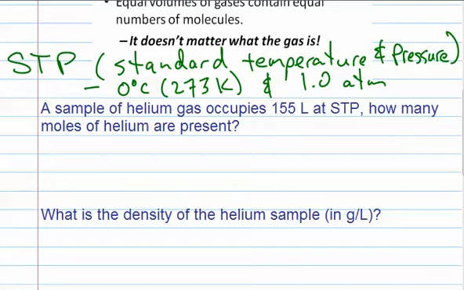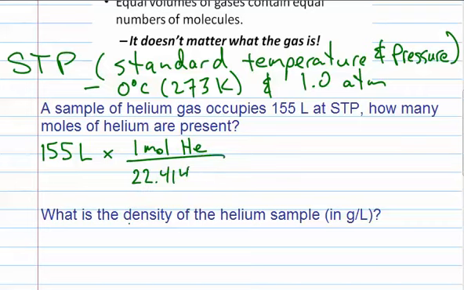So we can calculate the number of moles using this standard molar volume, the volume of 1 mole of a gas at STP. 155 liters is our volume, and our standard molar volume is just a conversion between moles and volume. So we say that 1 mole, in this case of helium, occupies a volume of 22.414 liters at STP. And it's important that we are at standard temperature and pressure because this relationship really only holds true under these conditions.